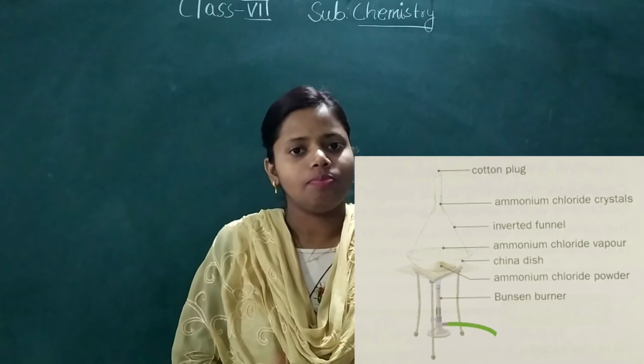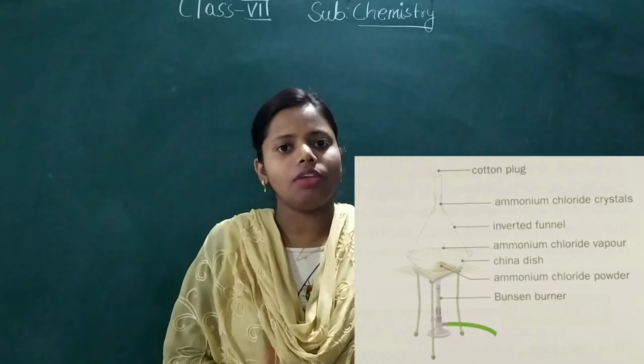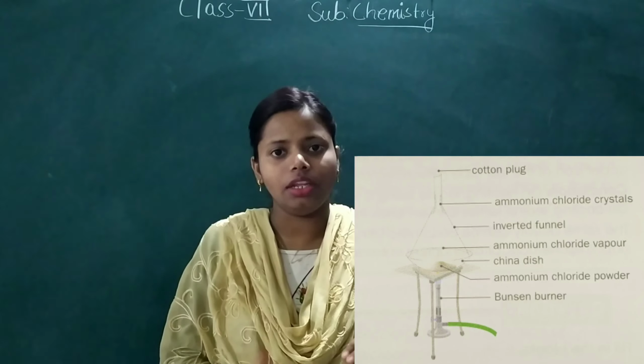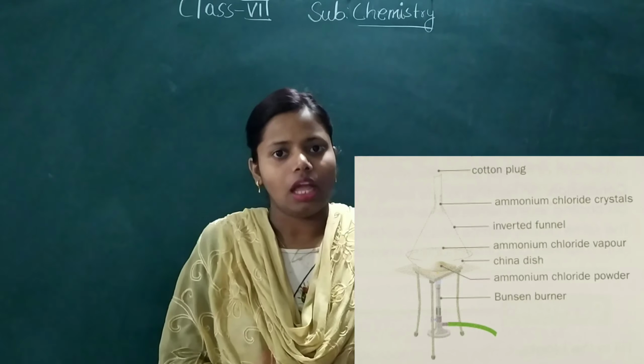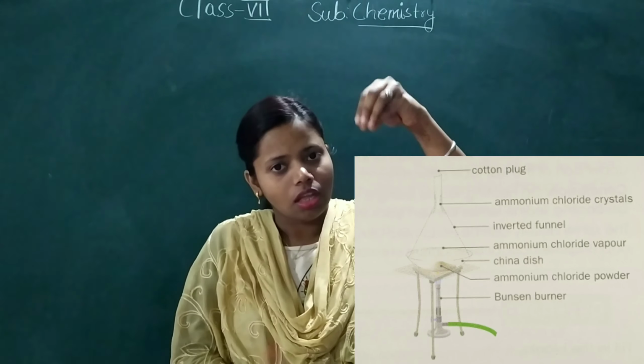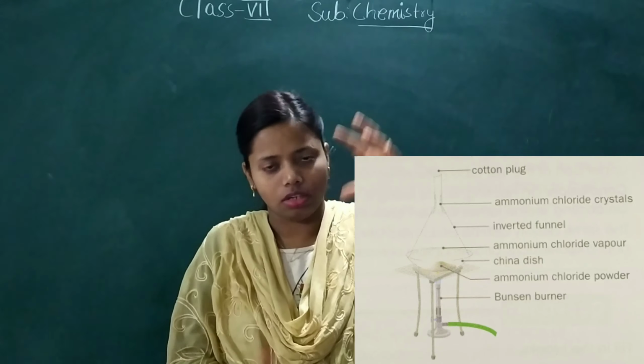Now with the help of a Bunsen burner, we will heat this china dish containing ammonium chloride, covered with the funnel whose opening we have closed with cotton.